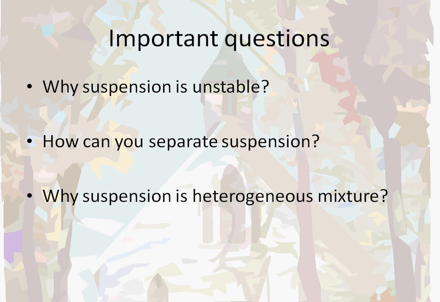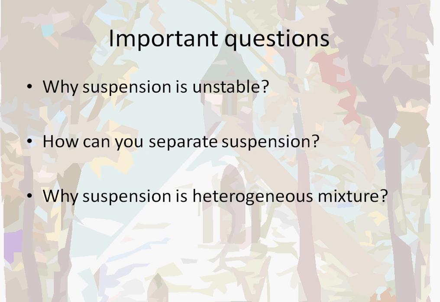So friends, when we talk about suspension, we should also learn some important questions which come in our competitive exams and in our term exams about suspension. First, why is suspension called unstable?